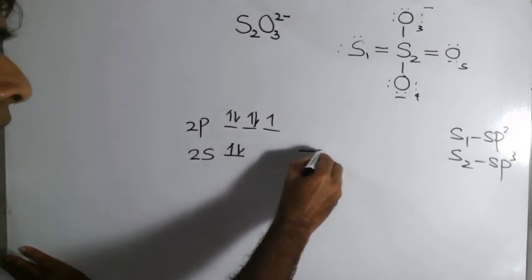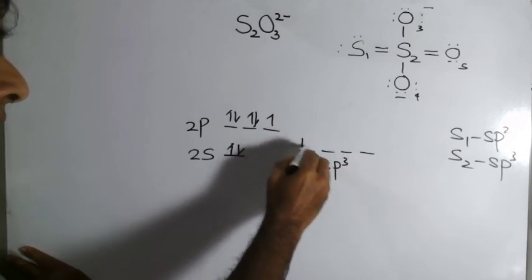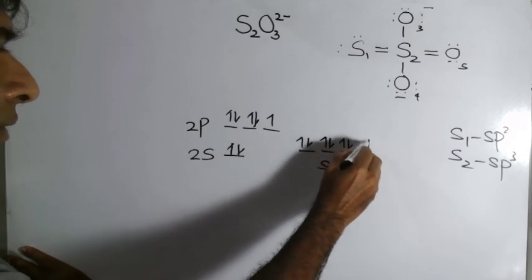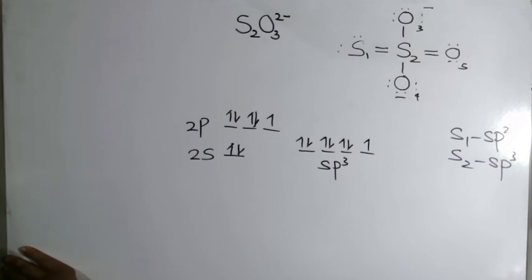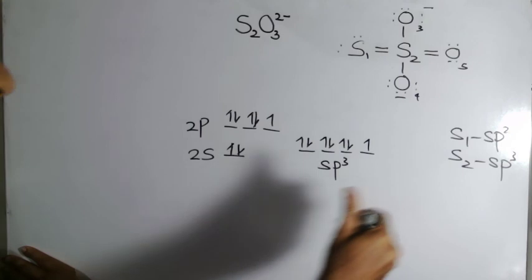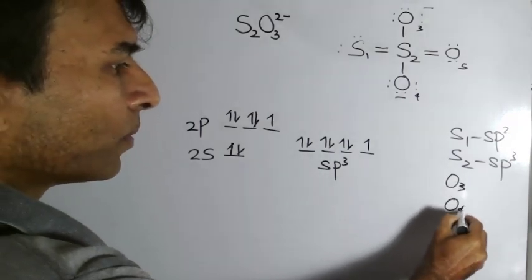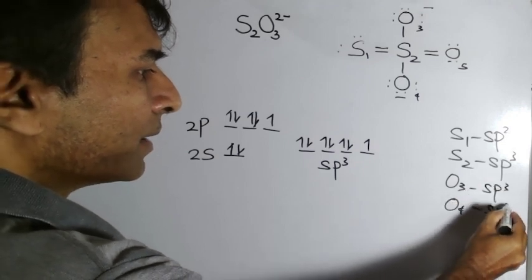We can use 1 from s and 3 from p. So there are 3 lone pairs and 1 electron, and this one is used to make the sigma bond. Oxygen atoms number 3 and 4 have the same configuration, so I can write O3 and O4 both have sp3 hybridization.